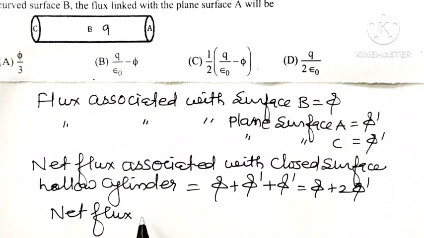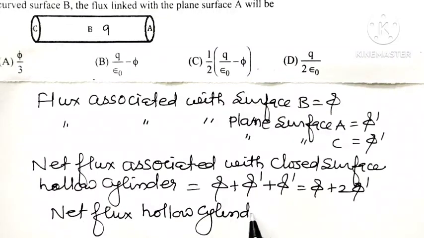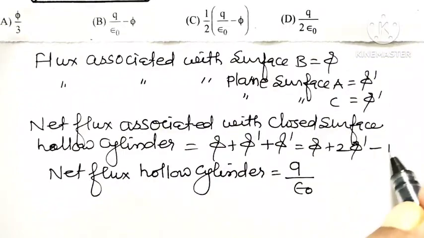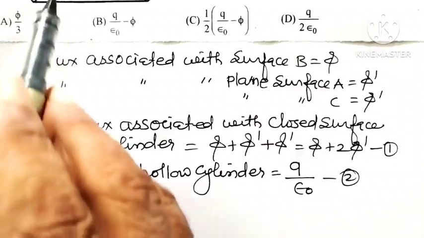According to Gauss theorem, the net flux associated with a closed surface is equal to the charge enclosed divided by the permittivity of free space, Q by epsilon 0.